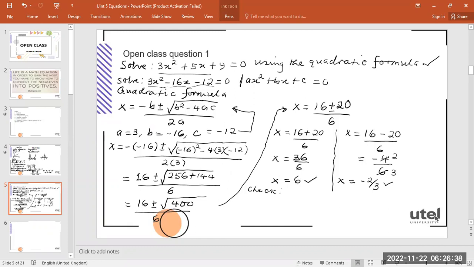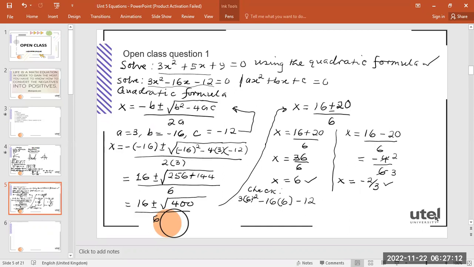Let's pick the first solution. We said that one of the answers is 6, right? So let's see what we are going to have. If we substitute 6 for x in this equation, we are going to have 3 multiplied by 6 squared, minus 16 multiplied by 6, then minus 12.